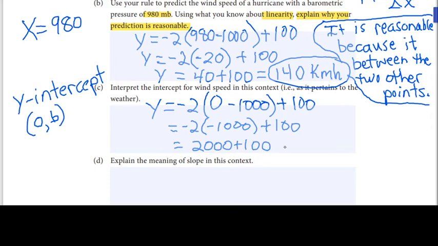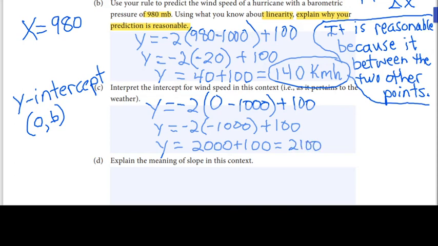Continue to write down those y's. And remember, each step going down is just narrowing it down. It's getting a little bit more simplified. So 2,000 plus 100 is 2,100.